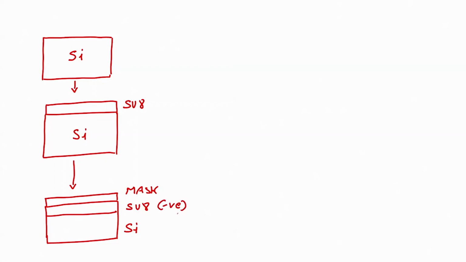It is negative photoresist. Okay. So, after you coat SU8, you have to do soft bake and then load mask, right, and you need to form structure which will help to create your channels, right.